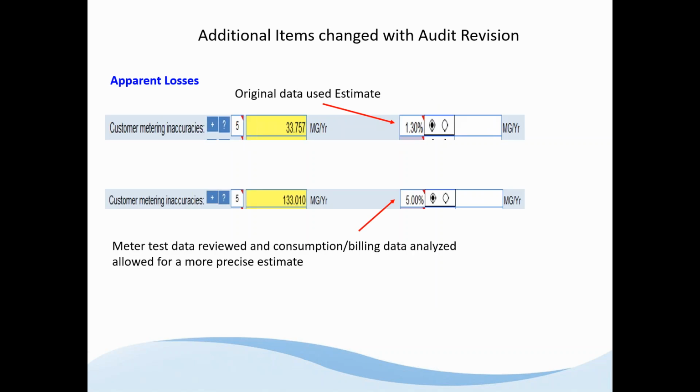In the apparent losses, they went back and reviewed all the practices and all the meter testing data they had over a 2-year period, and realized in their customer metering side, their average inaccuracy was 5%, not the 1.3% that they first put down, which gets into the apparent side that the others will talk about. That's very important when you're talking about revenue for your system, because if the meters are inaccurate, you're losing money.